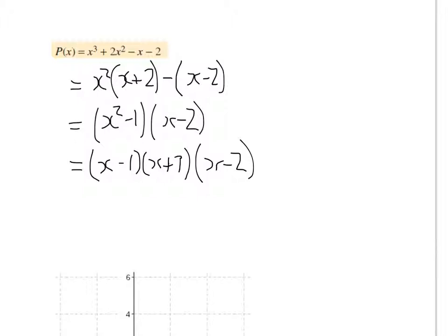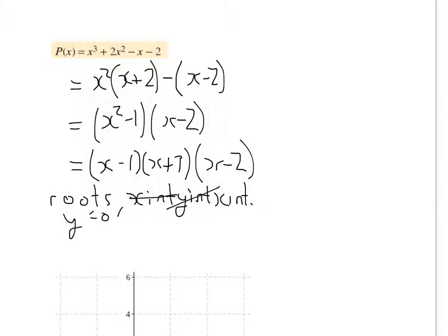So, and I'm going to do this quickly. For the roots, otherwise known as the x-intercepts, when y is equal to 0, we have x is equal to.